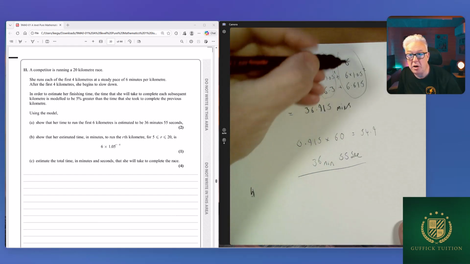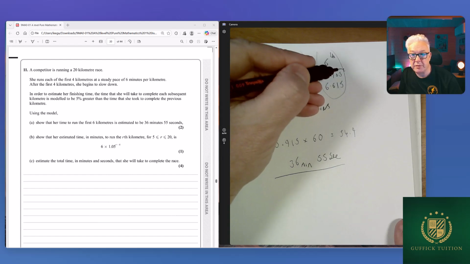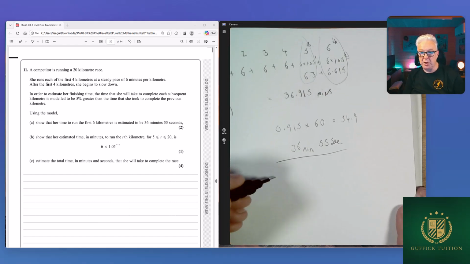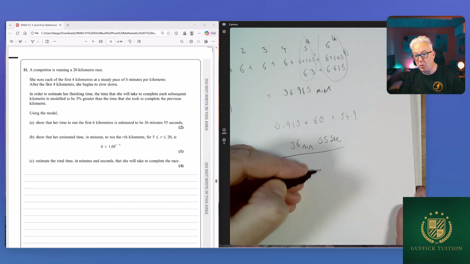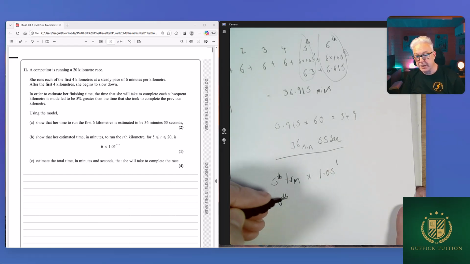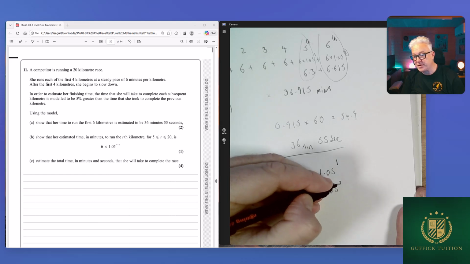On the 6th term, we're timesing by 1.05 squared.